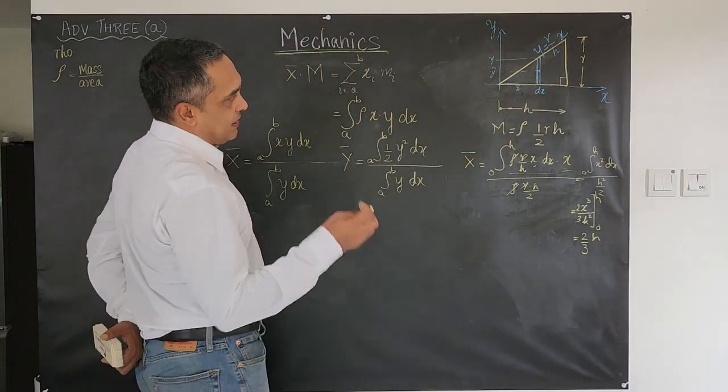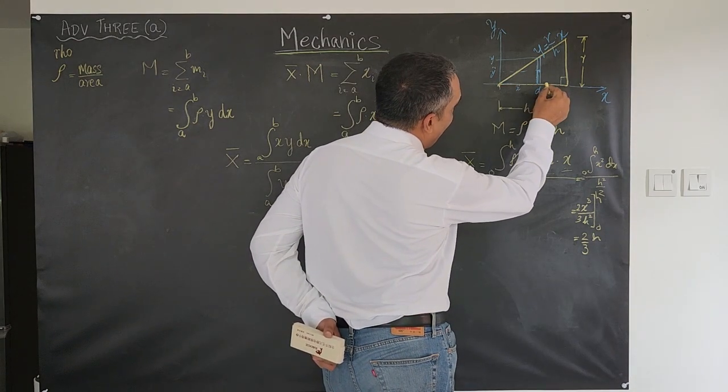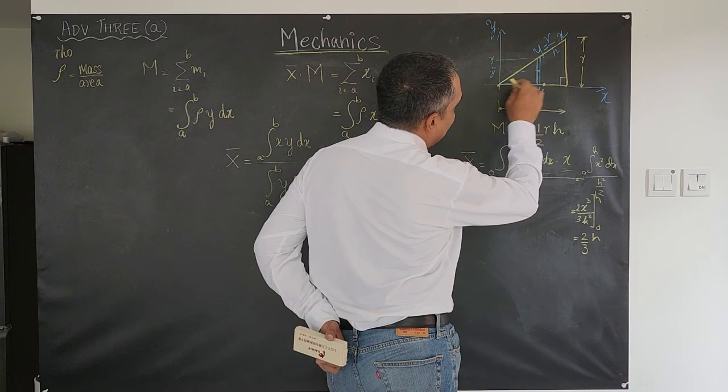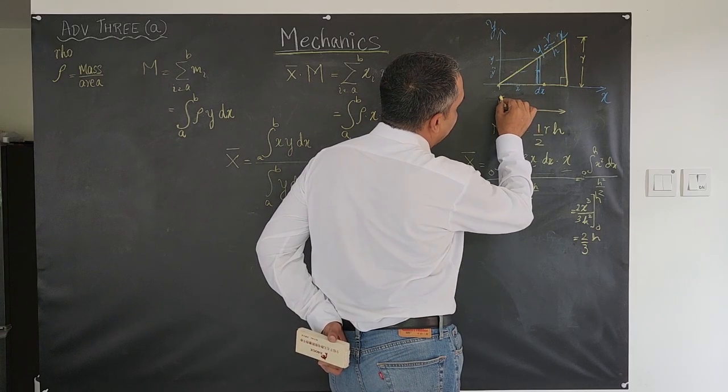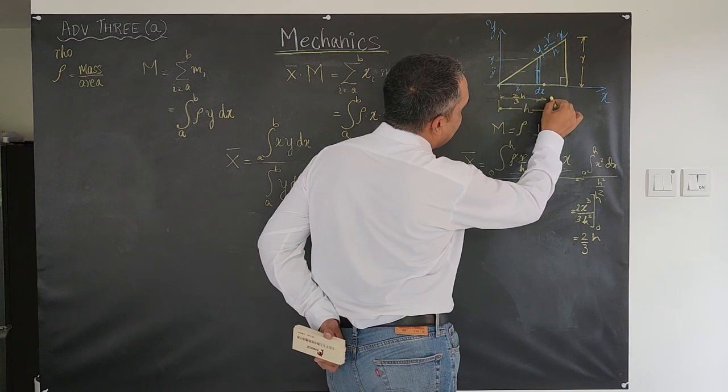So it almost adds to our idea that if that's our h, and almost always you'll find this to be true, you'll end up with your center of mass 2/3 the way, right? So the center of mass on the x-coordinate is 2 by 3 h, and this is 1 by 3.